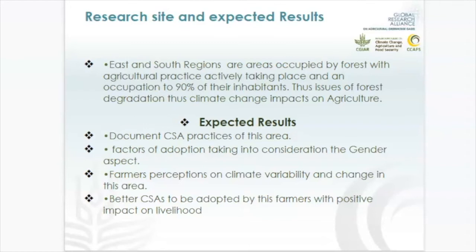I might even be perceiving it in my area where I am, and that person is not perceiving it yet in that area. We'll also have information on those practices that will impact them positively and will impact them negatively. So at the end we'll be able to propose to them which one to adopt and which one is not advisable.